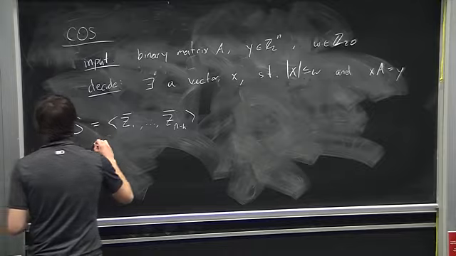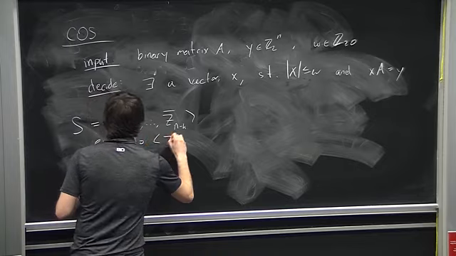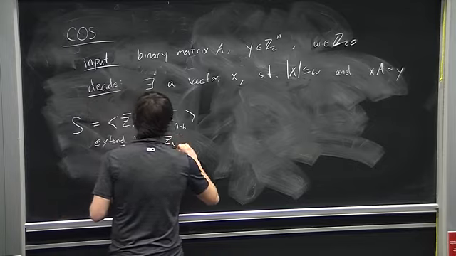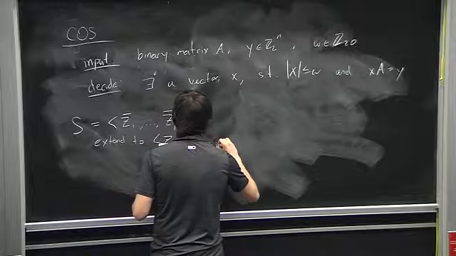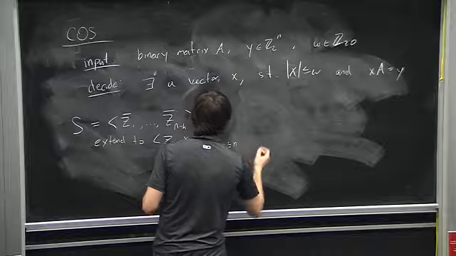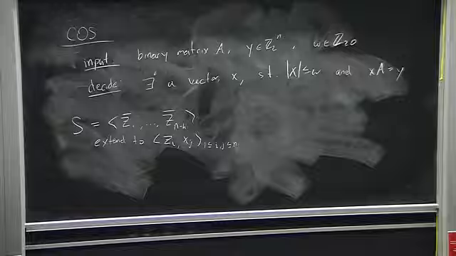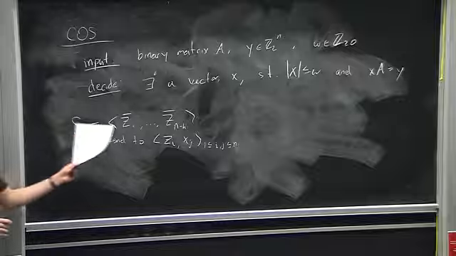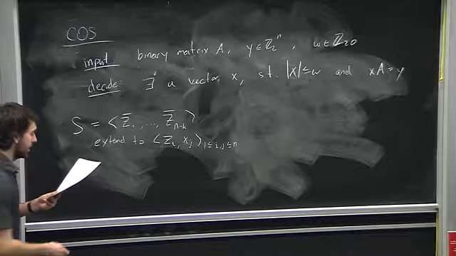And you can extend this to Z_i, X_j, which is a generating set for all of G_n. So there's some canonical extension following the commutation relations once you've established a stabilizer.